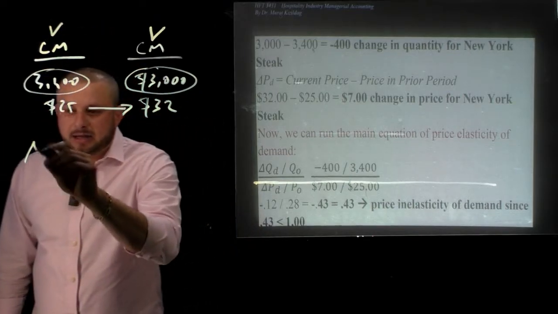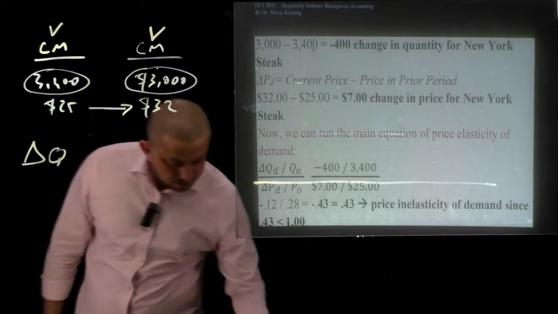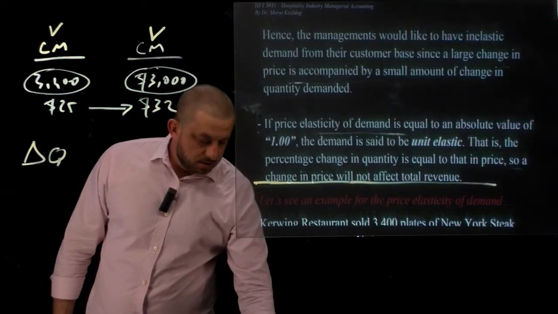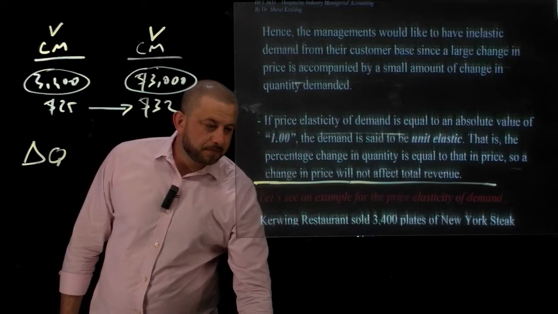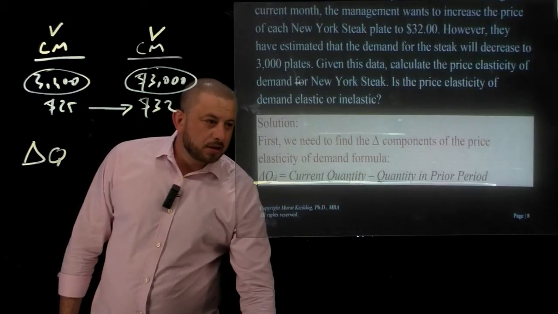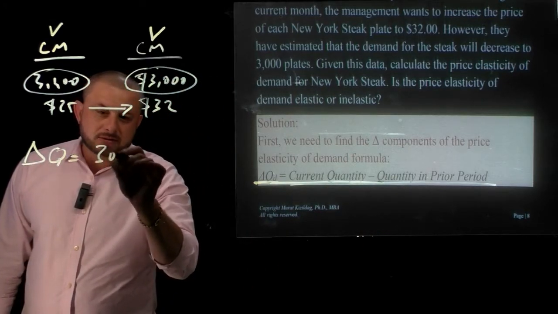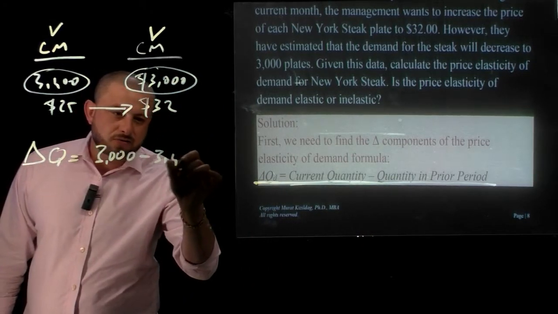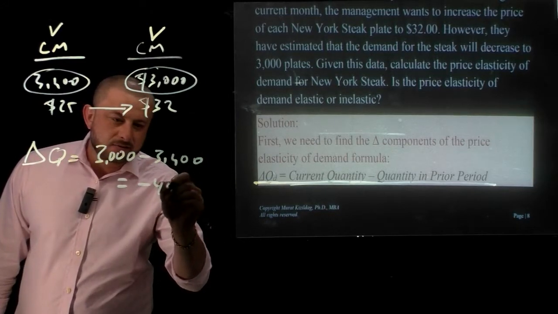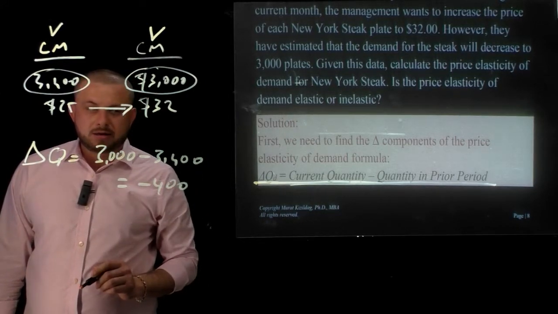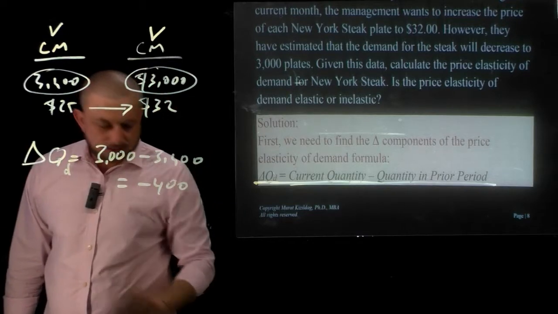Therefore, following this equation, delta QD will be equal to 3,000 minus 3,400, which is equal to negative 400. Great, delta QD.